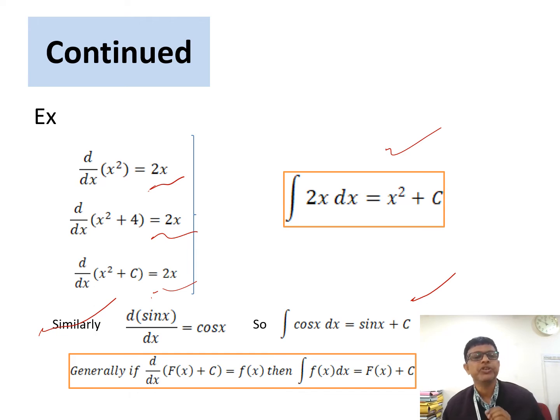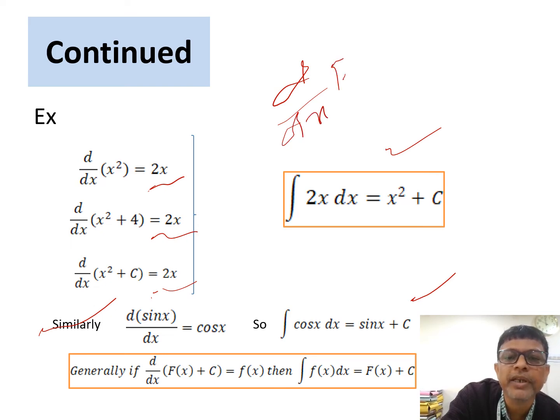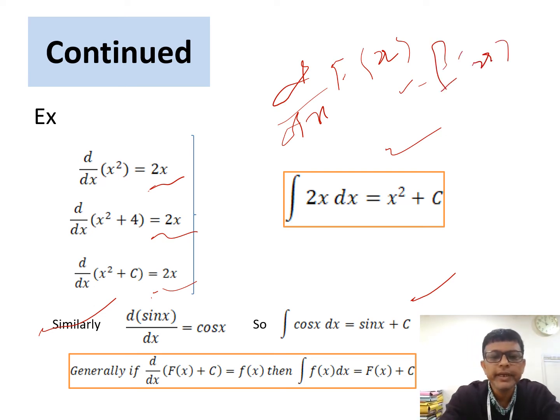And now we will go for the general methods. So this is the particular function, like x square plus 4. If we take the derivative of capital Fx equal to small fx, and the derivative of capital Fx plus c, the arbitrary constant, is equal to small fx here, then by using the inverse process, the integration of small fx equals capital Fx plus c.